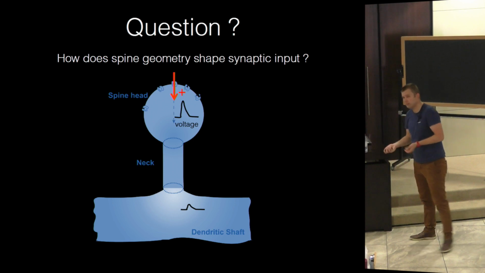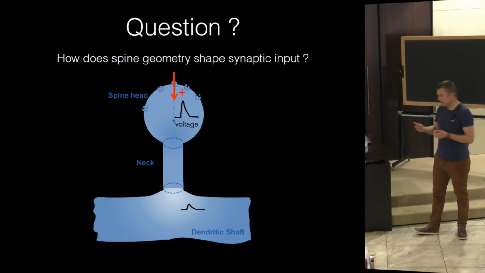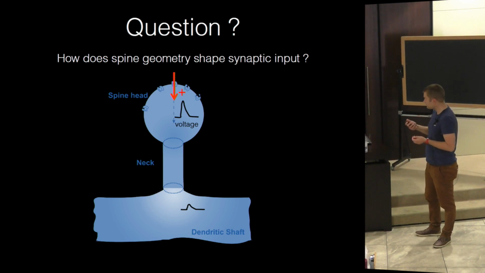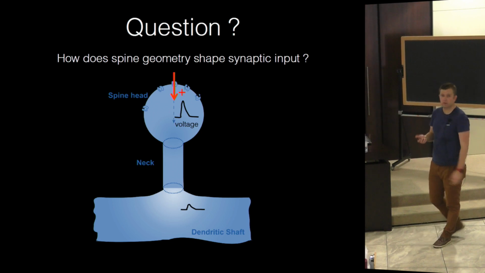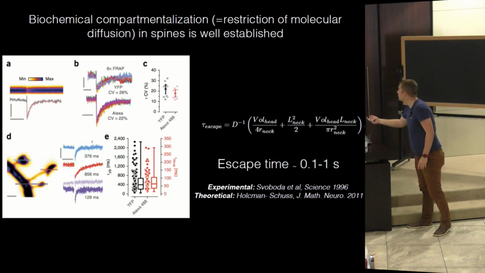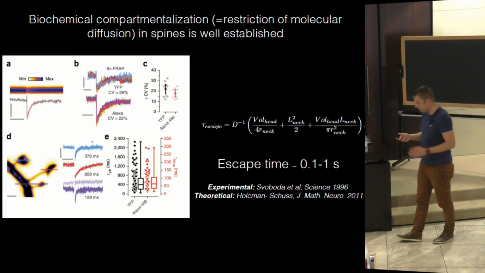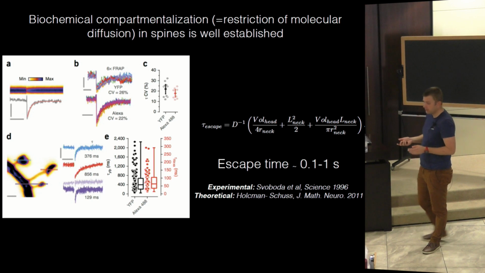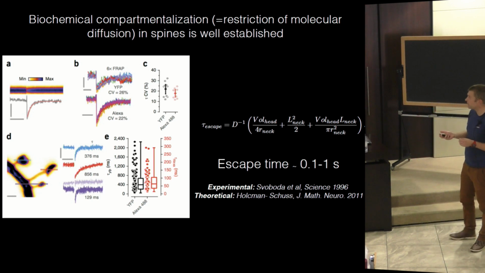There are many other determinants, which can be molecules, channels, but here we really concentrate on shapes. It is well recognized now, for years, that these shapes are a good restriction to diffusion and compartmentalize some signals such as calcium.